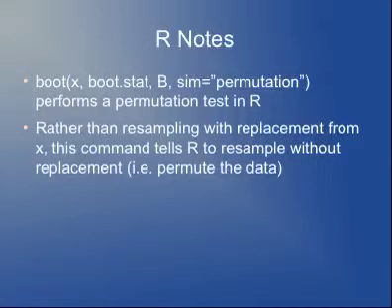So, in general, if you say boot(x, boot.stat, B, sim="permutation"), that will perform a permutation test in R. And as I said, rather than resampling with replacement from the data vector x, this will tell R to resample without replacement, that is, to permute the data.